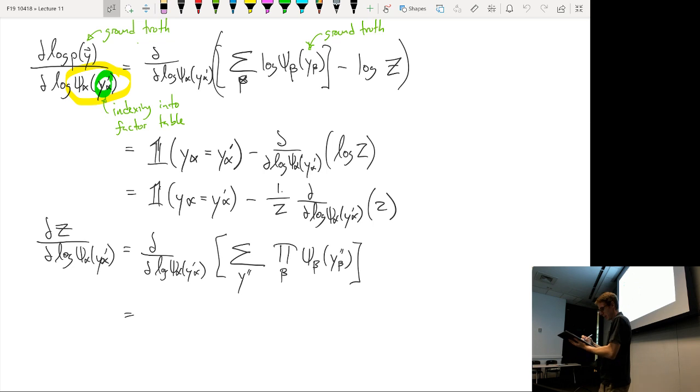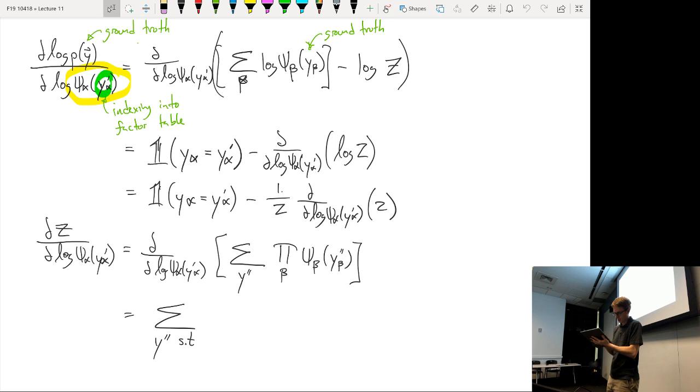Namely, the only terms in the summation where this potential is going to be used are those for which y double prime alpha is equal to y prime alpha.